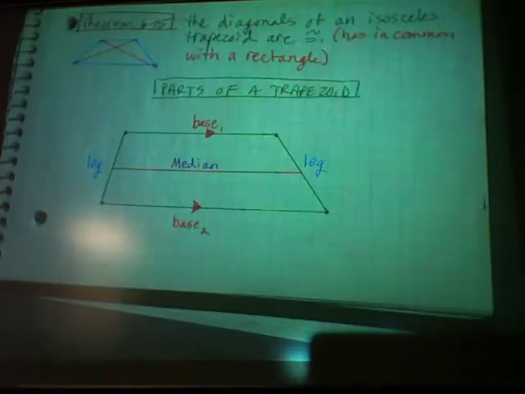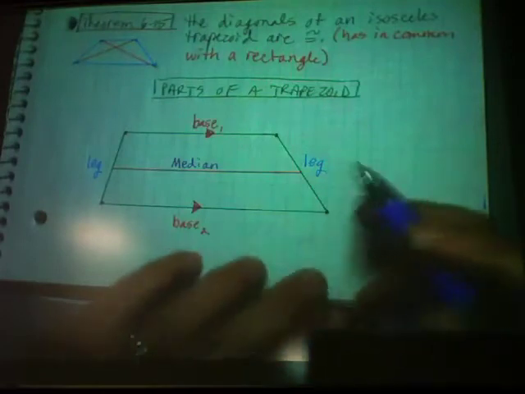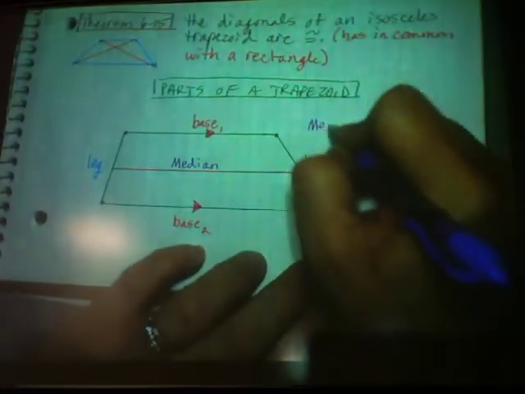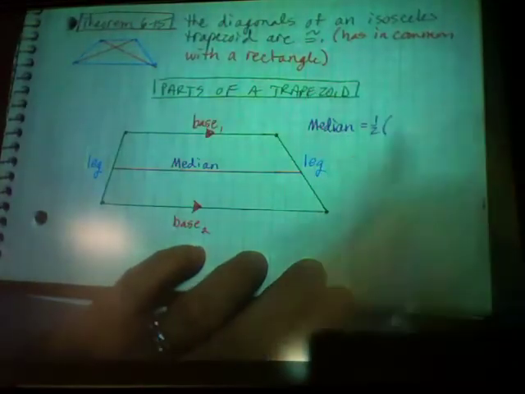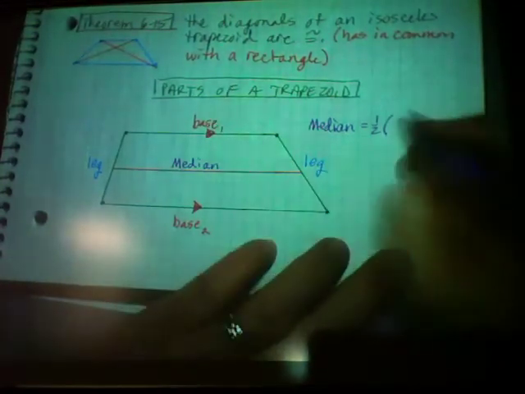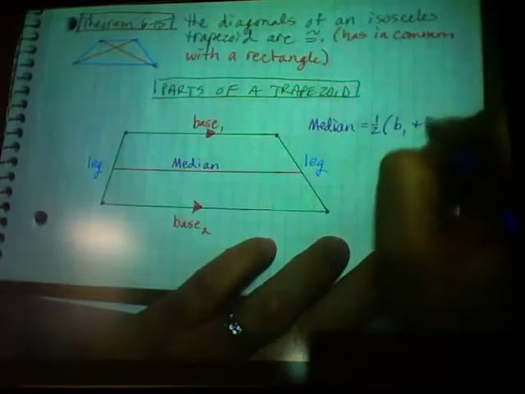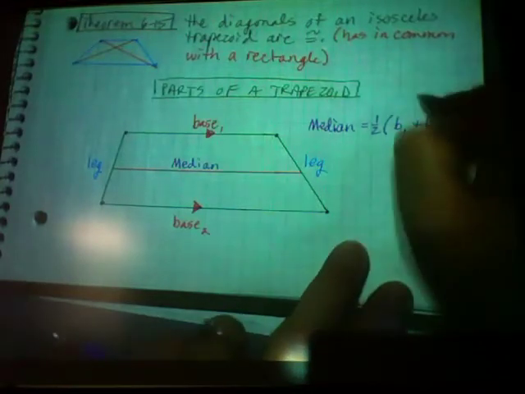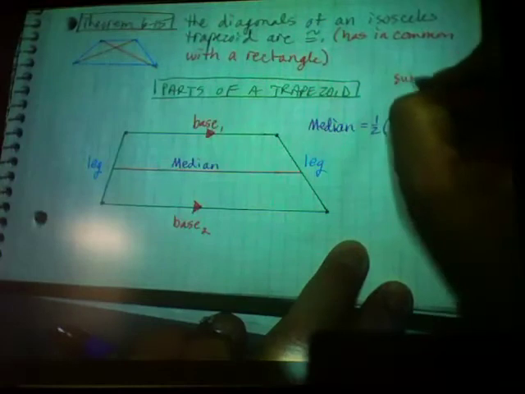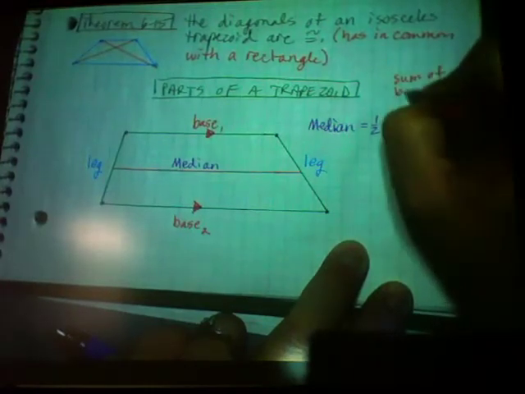There is a formula to finding your median: your median is equal to half the sum of the bases, base 1 plus base 2. You can write here: sum of the bases.